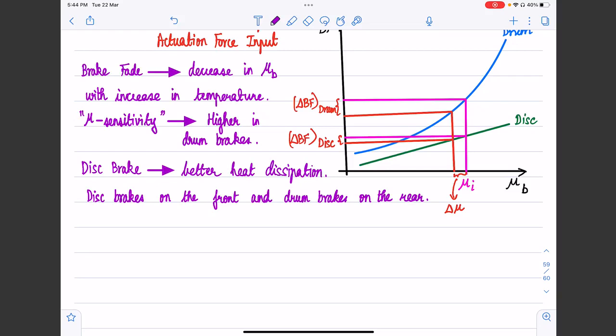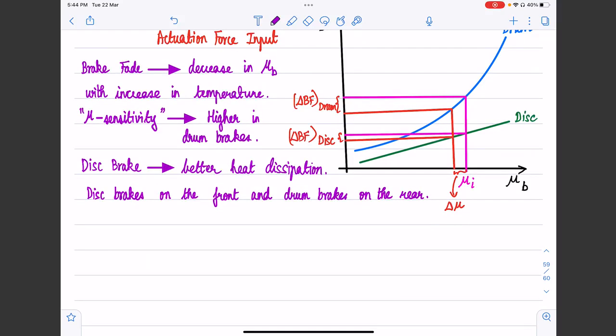Then that means that 70% of the braking can be done by the front wheels, 30% by the rear wheels. So we want that 70% to be very reliable, right? We can't afford a reduction in that 70% due to brake fade and other phenomena. That is the reason why we go for disc brakes on the front.